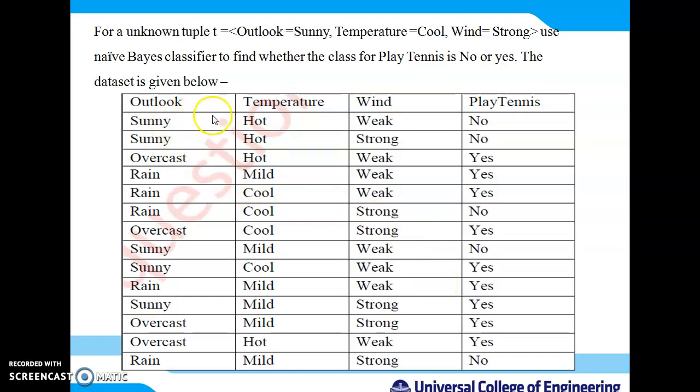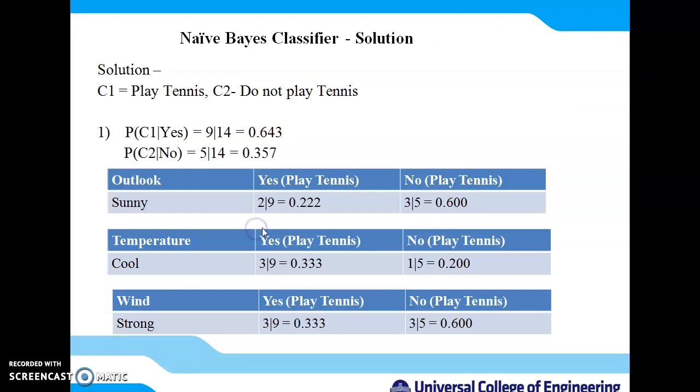This sunny belongs to play tennis no. This sunny attribute belongs to play tennis no. Here this sunny belongs to play tennis no. So till now we have received 3 no for play tennis for the attribute sunny, and for this sunny there is yes, and here also yes. So we have got a total of 5 rows, out of which 2 say yes and 3 say no.